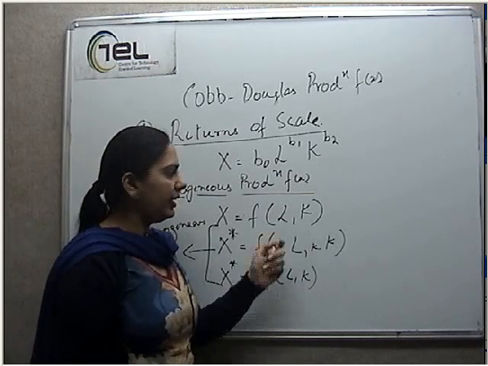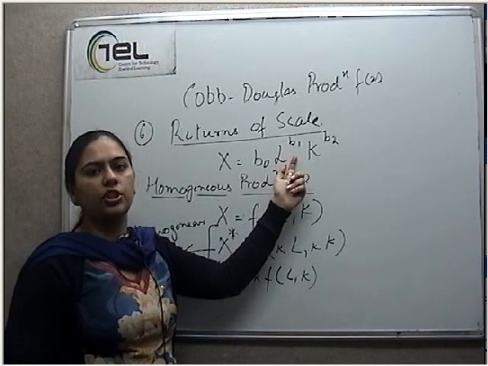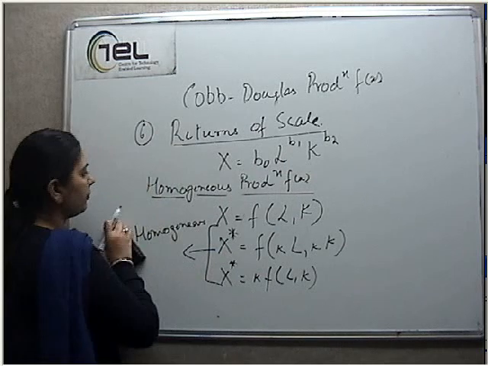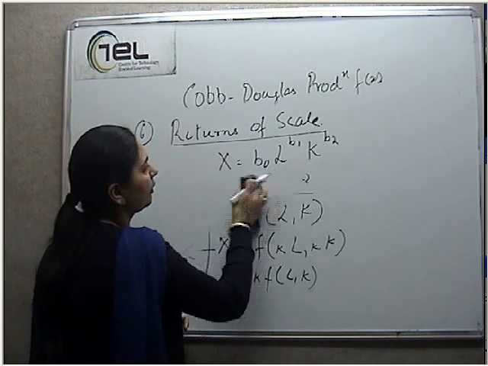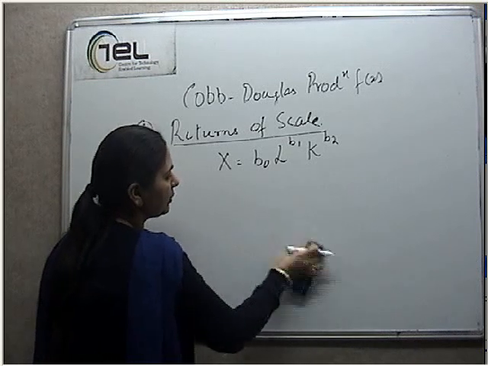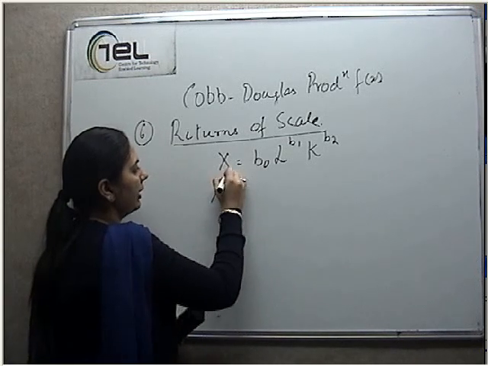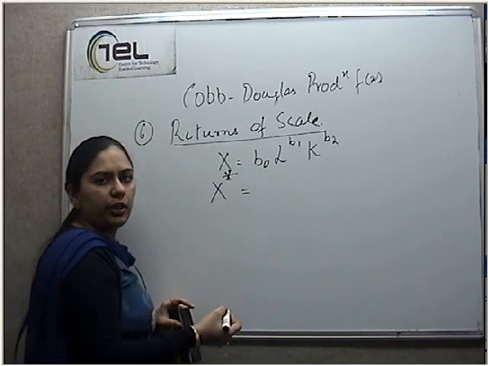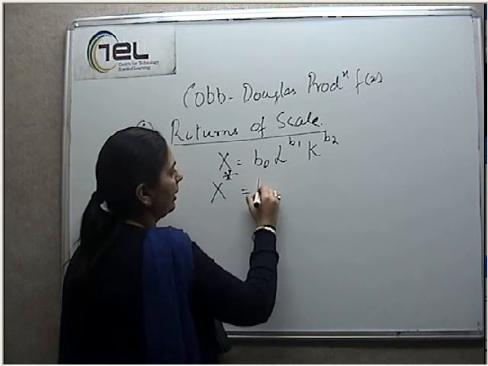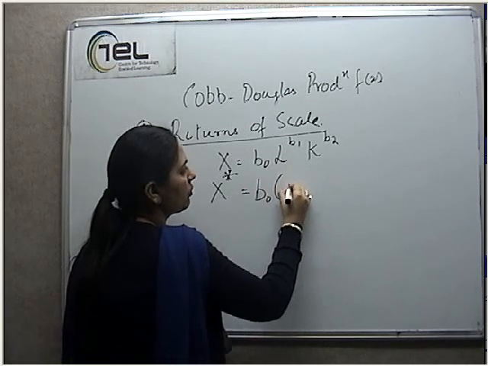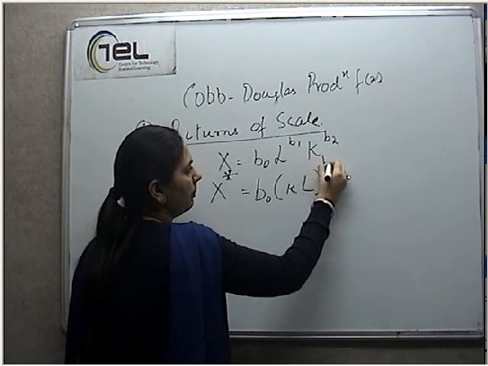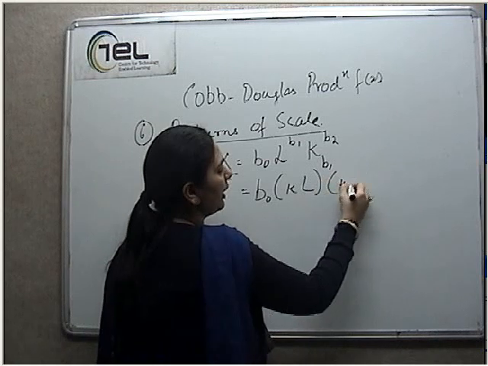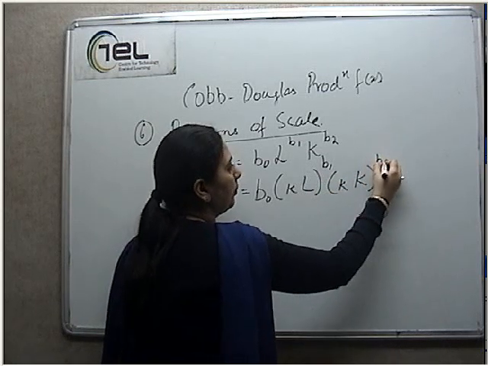Now assuming that yes, Cobb-Douglas production function is a homogeneous production function, we will be putting this property in this particular function. Now let's come back to x is equal to b naught L^b1 K^b2. Now I'll again say x star, where I will be multiplying this function with a small k factor. That means b naught (kL)^b1, this b1 would come as common coefficient of k and L, (kK)^b2.